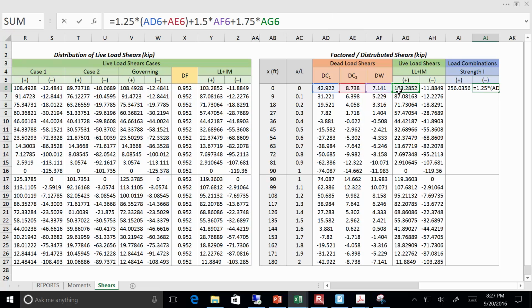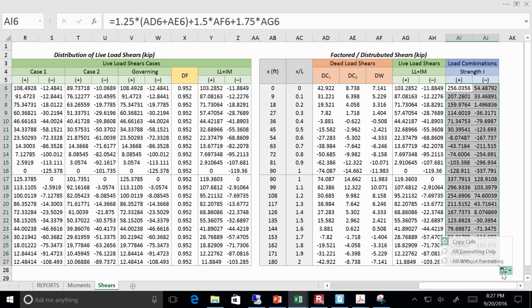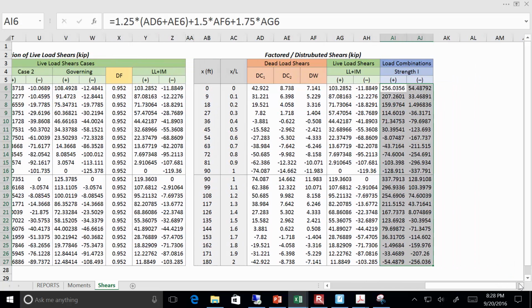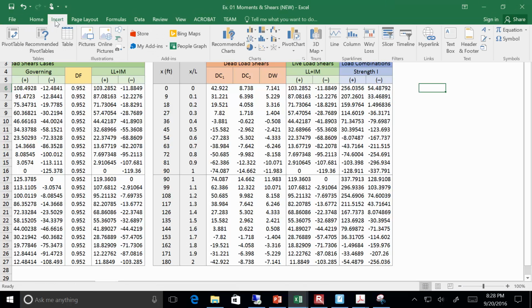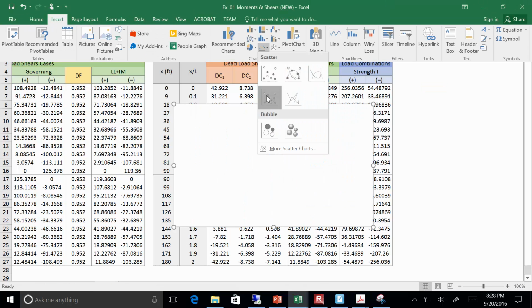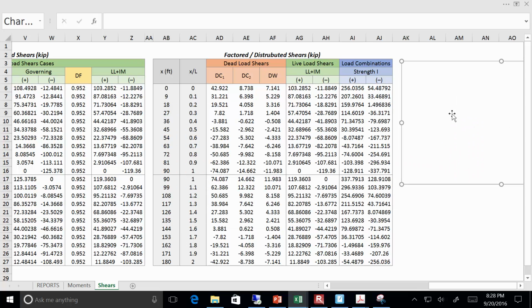Just copy and paste that over. So these are my factored shears. And if you want, you can plot that out, see what it looks like. So insert plot. Right click, select data.